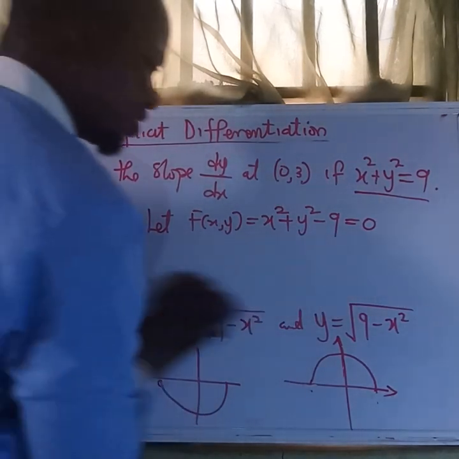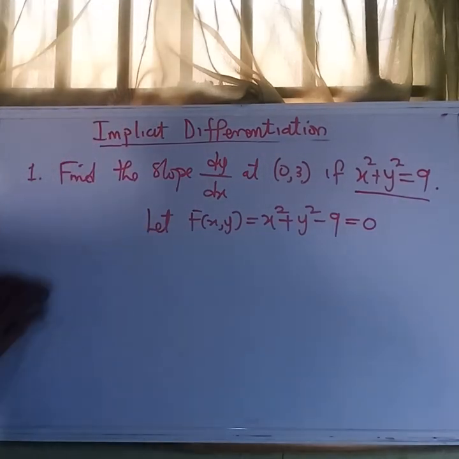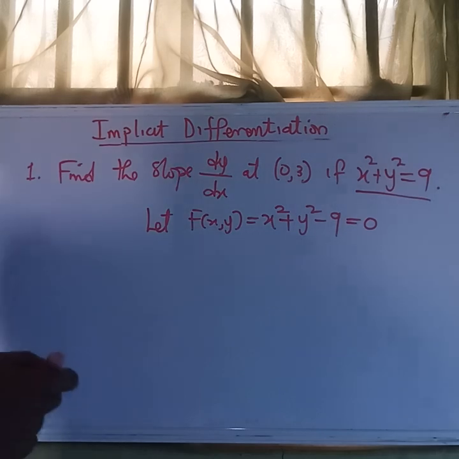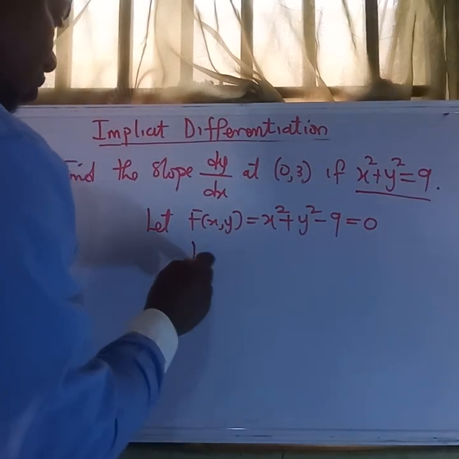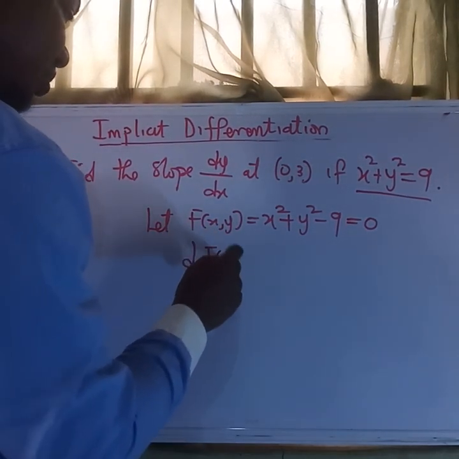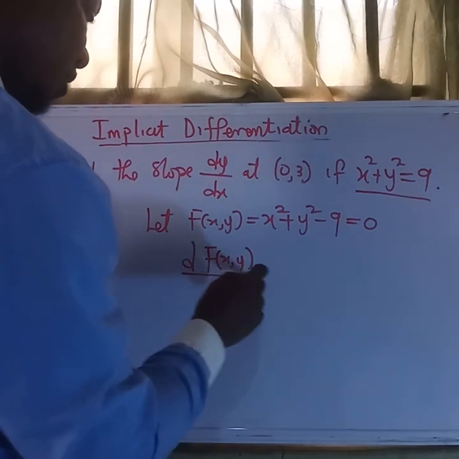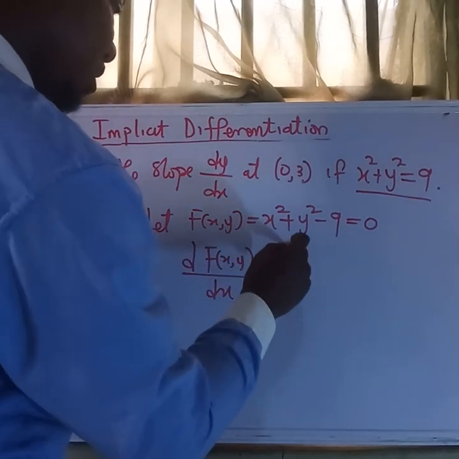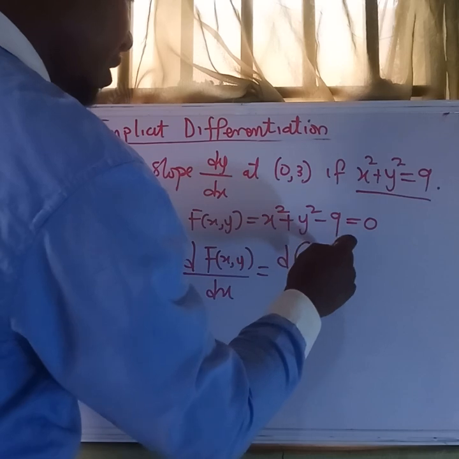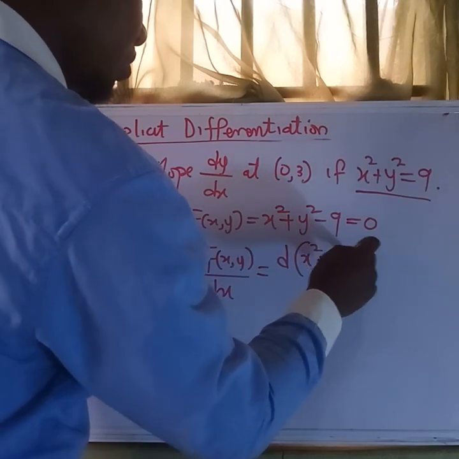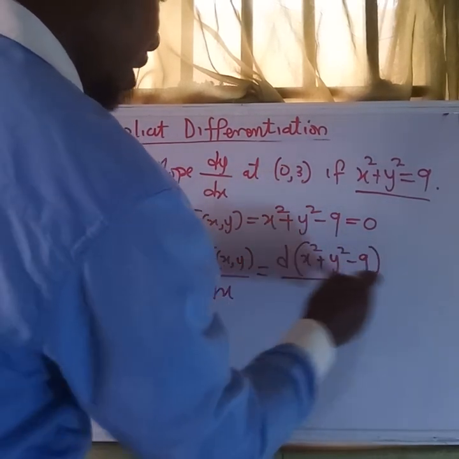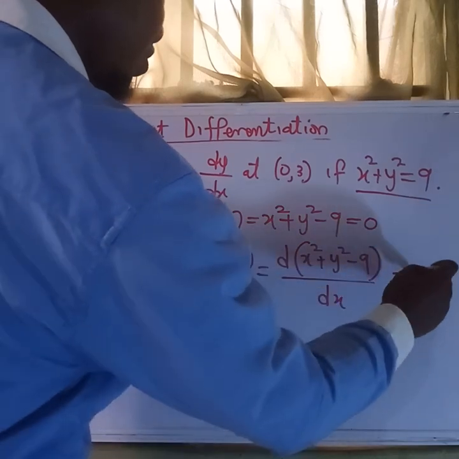So let us see the slope of this using the concept we have described earlier. The first concept we described is to differentiate this part with respect to x, and this will mean the derivative of all the terms here with respect to x, and of course equal to 0.